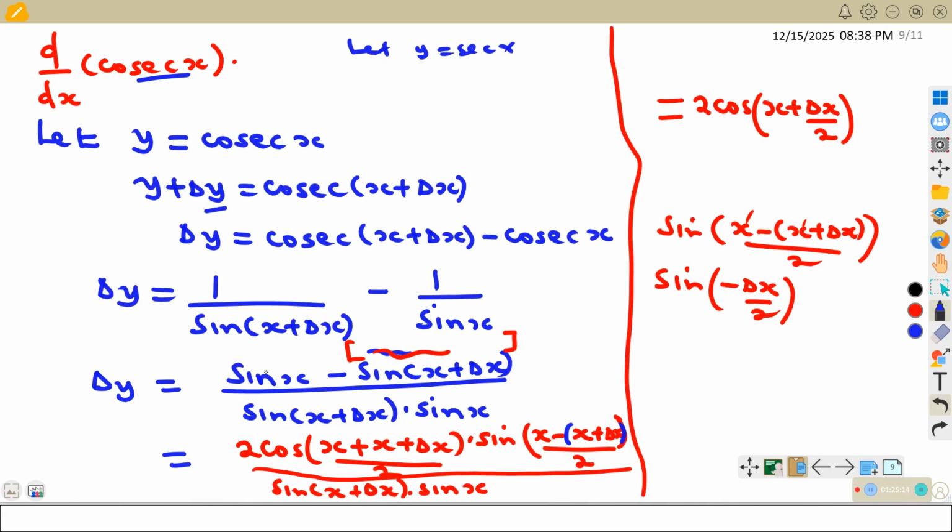Then you will have cos of x here, then here you will have cos of x plus delta x. You must know how to use the factor formula here, or else you must know how to expand this. You can first of all expand sine of x plus delta x using the knowledge of compound angles. Then don't forget this minus here, very important. It will affect whatever you will have as the expansion here. So for sec, you can follow similar procedures.